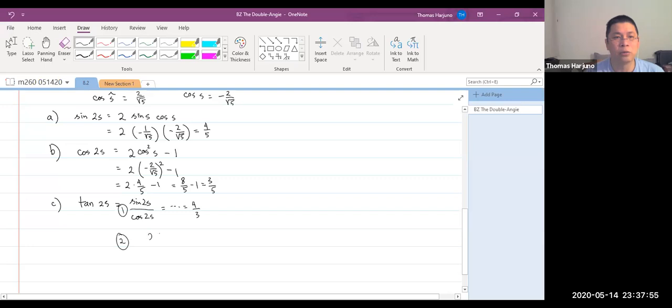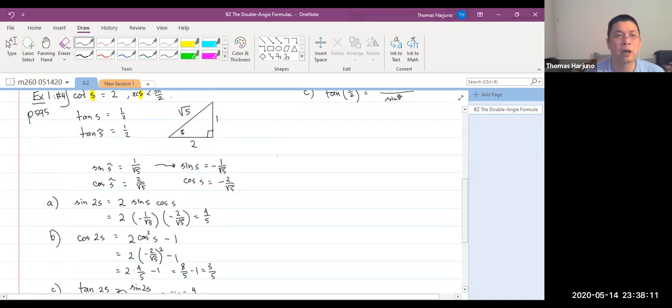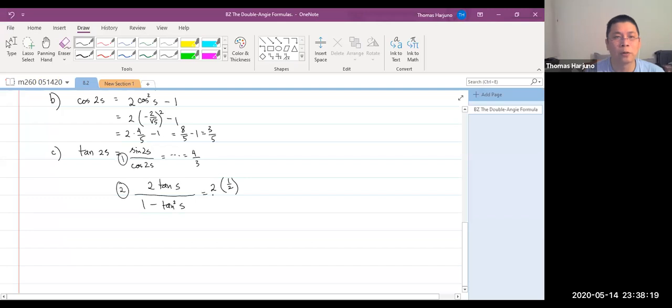The second method, you can use the formula: tangent 2s is 2 tangent s over 1 minus tangent squared s. This is 2 times 1/2, right? That's tangent s up here, over 1 minus 1/2 squared.